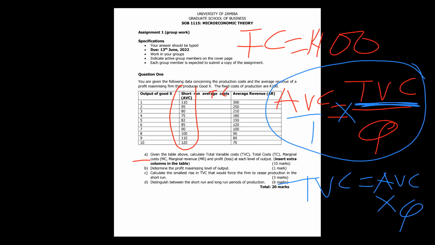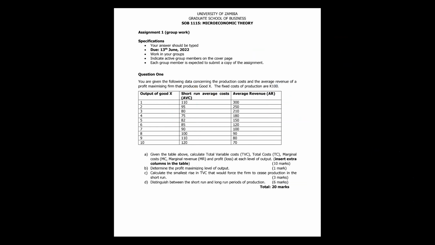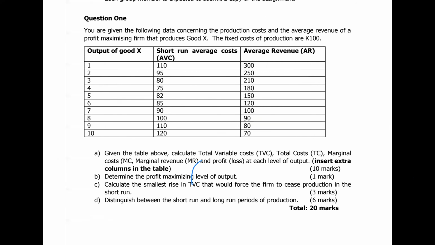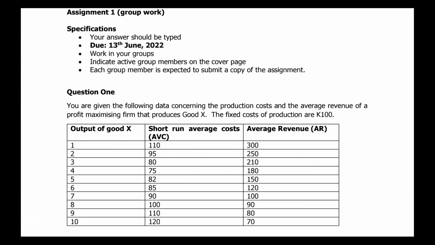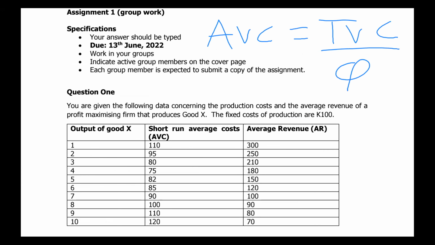And now AVC is there. So to find that column, you just start multiplying. I'm saying that AVC is equal to TVC, total variable cost, over output, right?